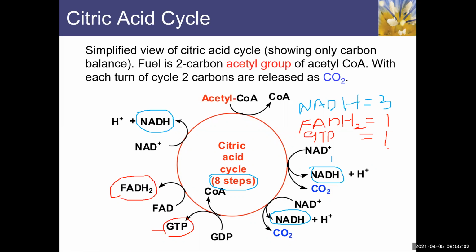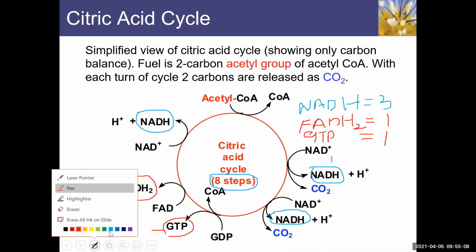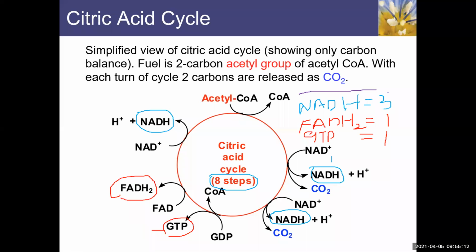Okay. So this is what we are going to get in the form of energy at the end. I am just trying to tell you what we get at the end.